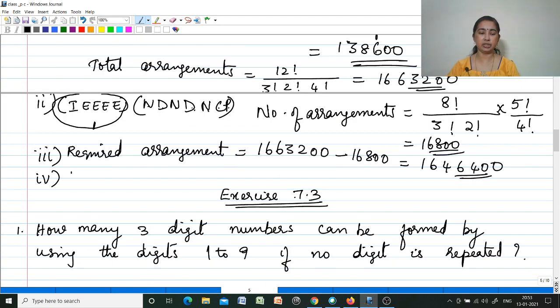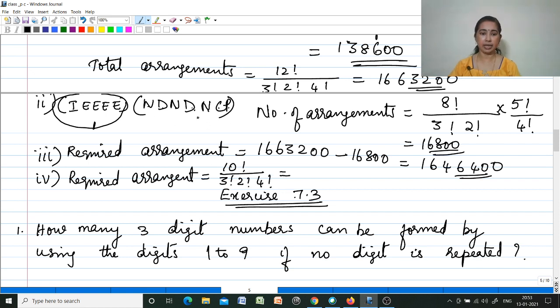So the required arrangement is equal to, out of 12, 2 are fixed, so the remaining 10. 10 factorial divided by the repeats 3 factorial, 2 factorial and 4 factorial, that is N repeats 3 times, D 2 times, and E repeats 4 times. So this is equal to 12,600.